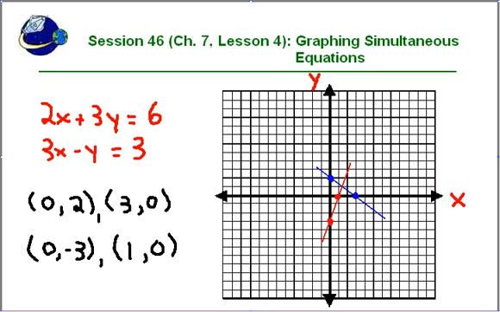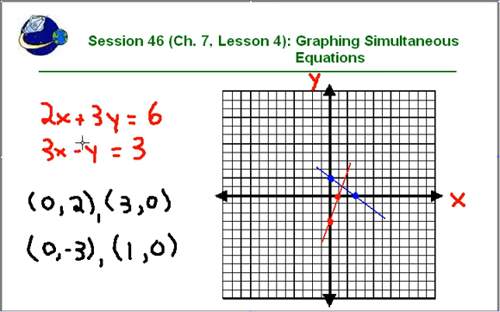Now, without trying to determine the exact answer right now, the point at which the graphs for these two equations intersect represents the solution. The x-coordinate and the y-coordinate for that point represent the answers to solving these two simultaneous equations.